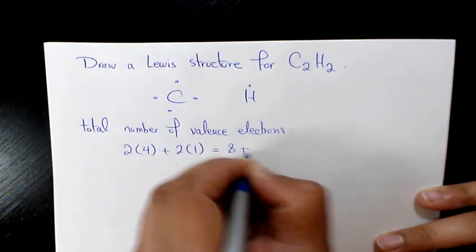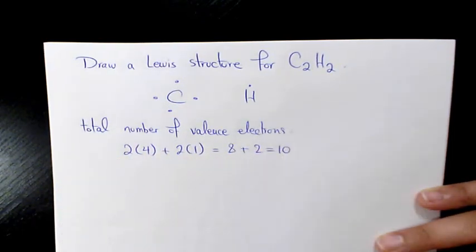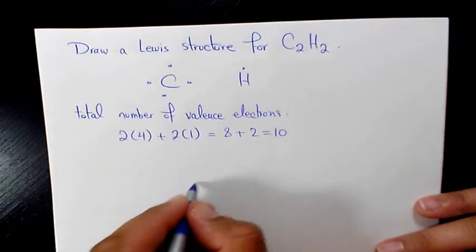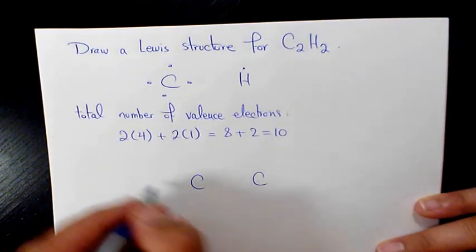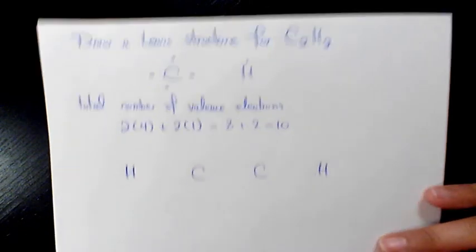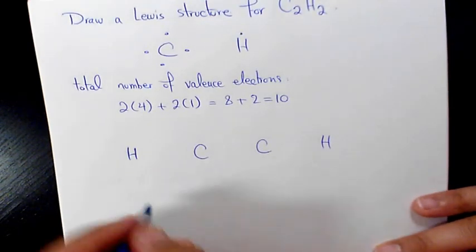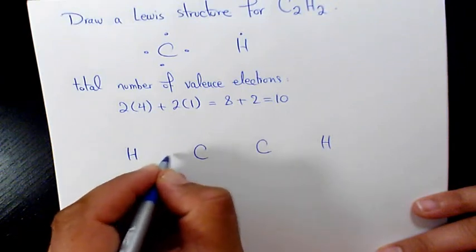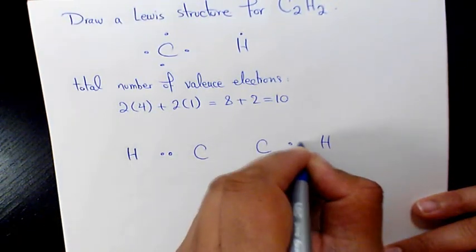That's going to be 8 plus 2, so we have 10 electrons. Then we place the carbons and hydrogen. Then what we can do, we can put the dot in between.